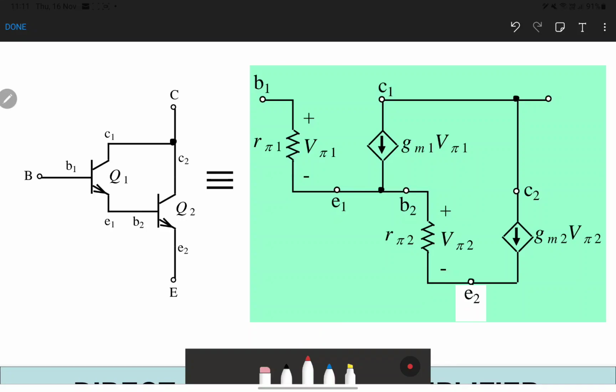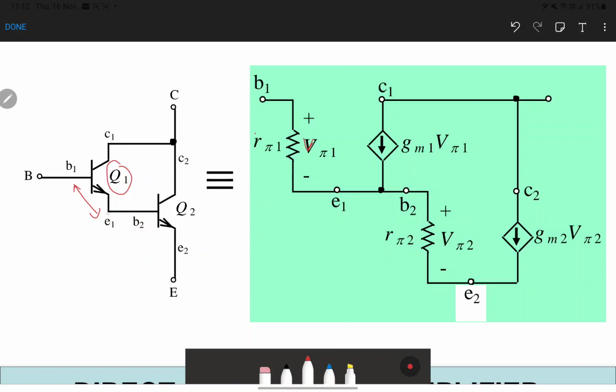Now we try to convert our Darlington transistor configuration into the small signal model. How do we do this? First, keep in mind, we start with base to emitter at transistor 1. In this area, we start with r pi. Between base and emitter we have r pi, which has a voltage we call V pi 1.